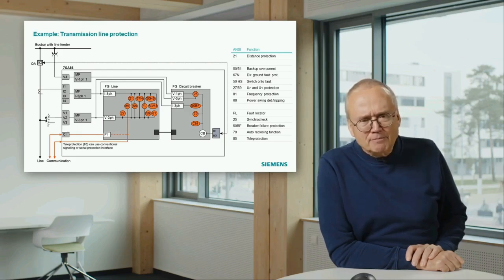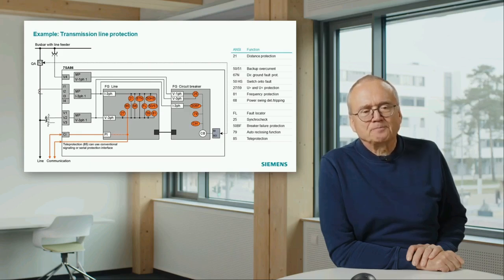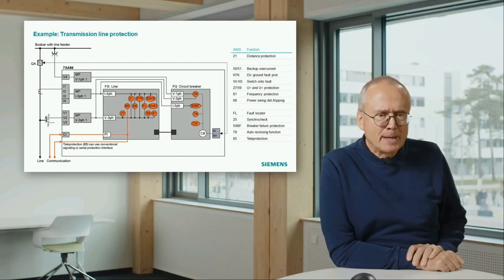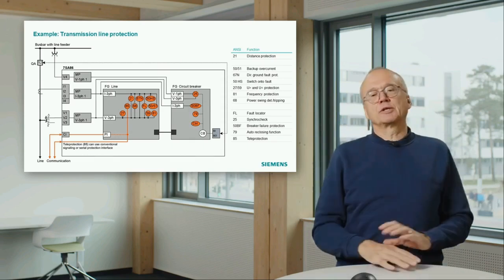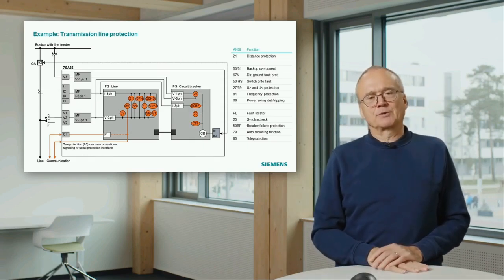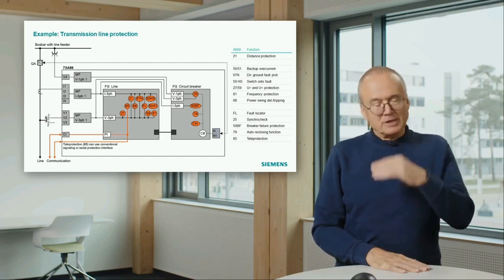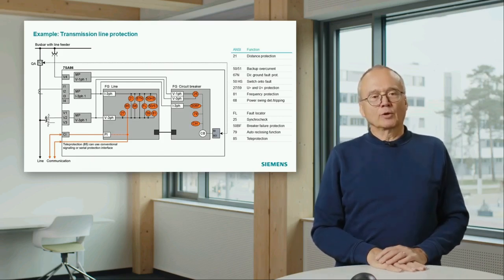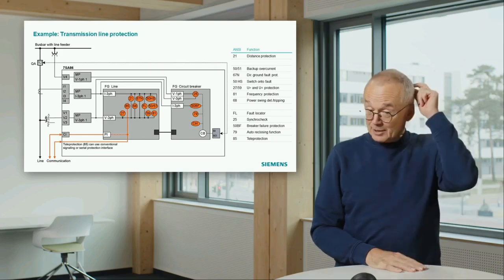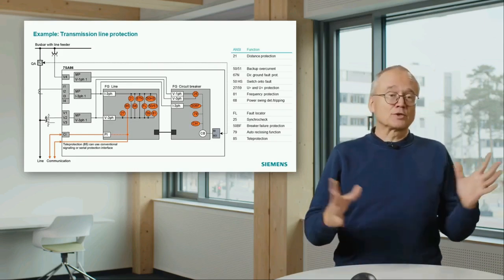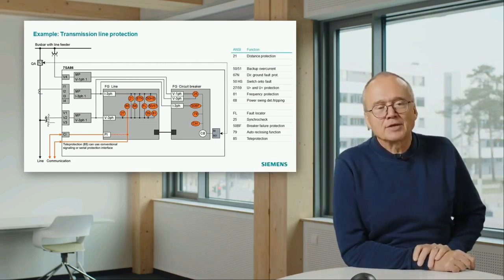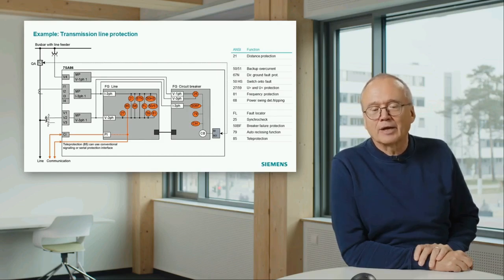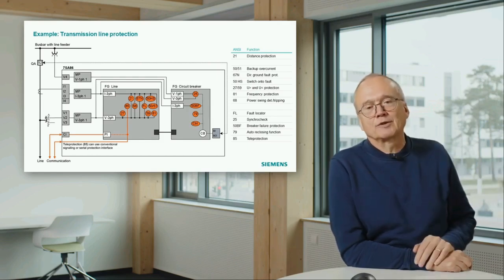In distance protection, you have the situation that the distance function needs the voltage measurement. Well, because we have to calculate the impedance, we have to divide the voltage by the current. The voltage measurement inputs are connected to a voltage transformer, in this case the line side voltage transformer, and now you assume that for any reason you have a short circuit in the wiring between the relay and the voltage transformer.